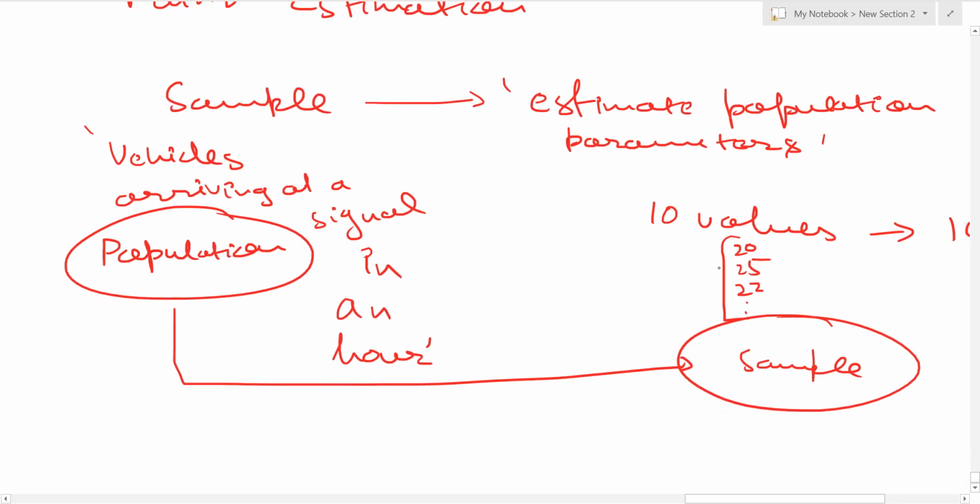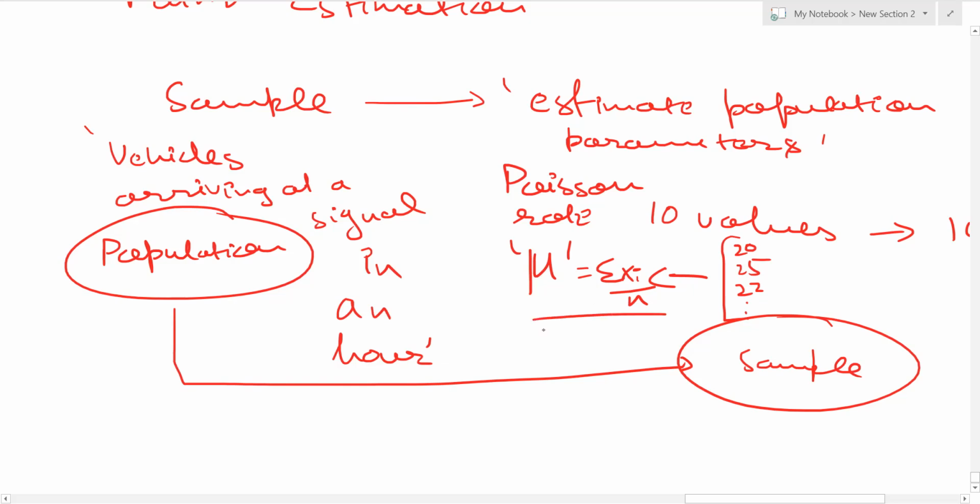We applied a method of moments estimate and a maximum likelihood estimate, and based on that we estimated lambda, that is the Poisson rate, or let's call it mu. Mu is more appropriate as we used it. You found an estimator for it, which was summation xi divided by n, and based on this you calculated a value. That is how you used to do it.